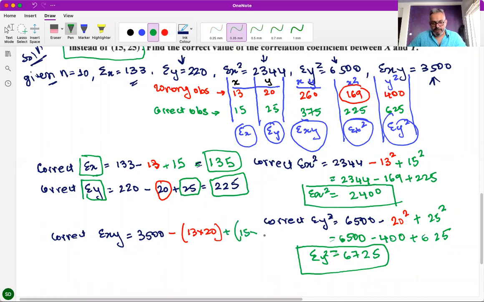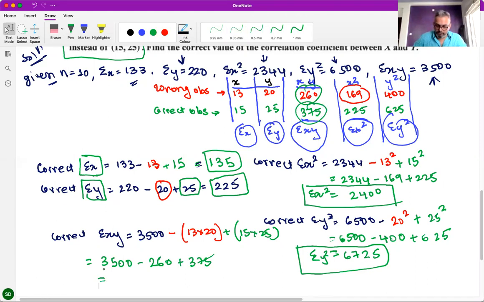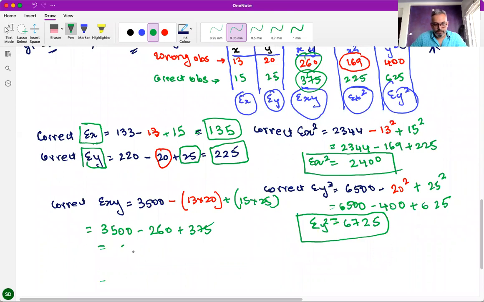So plus 15 into 25, which is equal to 3500 minus 260 plus 375. We have already done it over here, 260 and 375, which is equal to 3615. So we have correct sigma xy, which is equal to 3615.